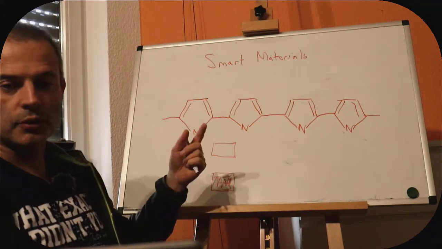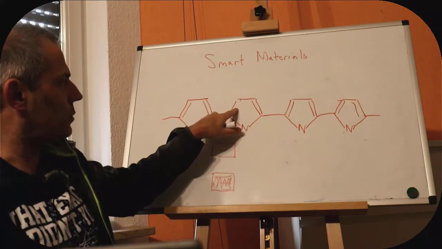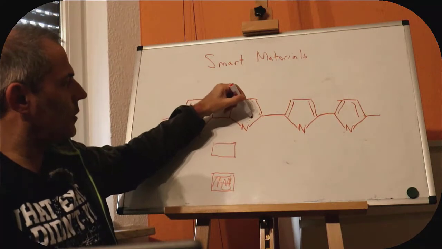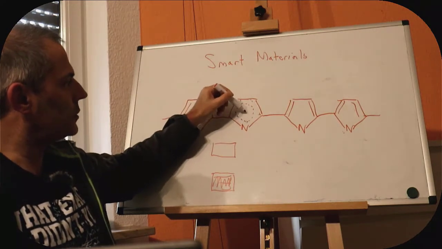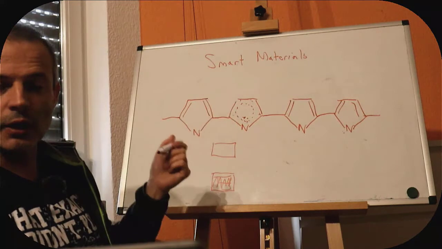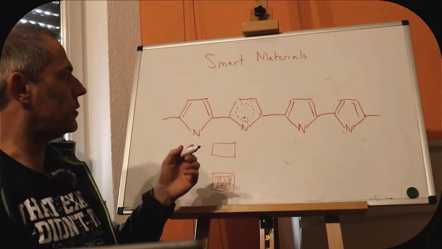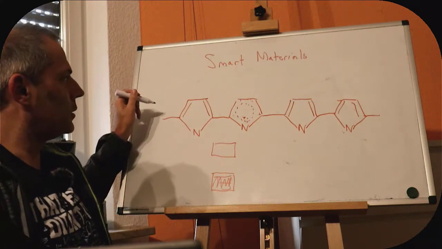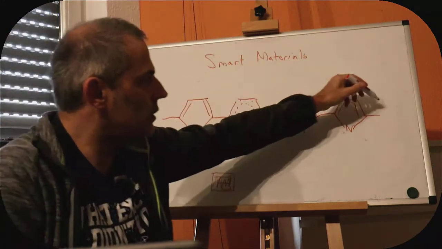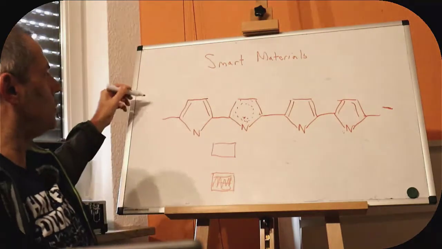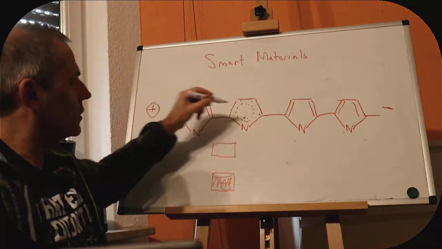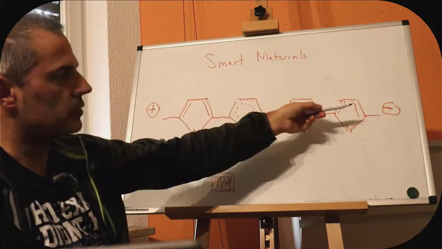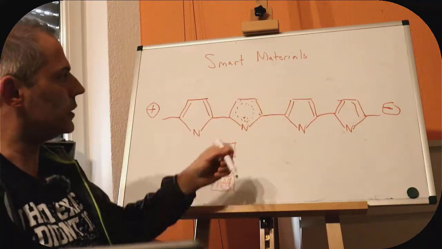But if we do the same thing that we did before, so we remove an electron here by oxidation, so we generate a plus dot radical in here, then this plus dot radical can move around. So if we apply a positive voltage on this end and a negative voltage on this end, then the hole will tend to move in this direction, so the electrons will move in the other direction.